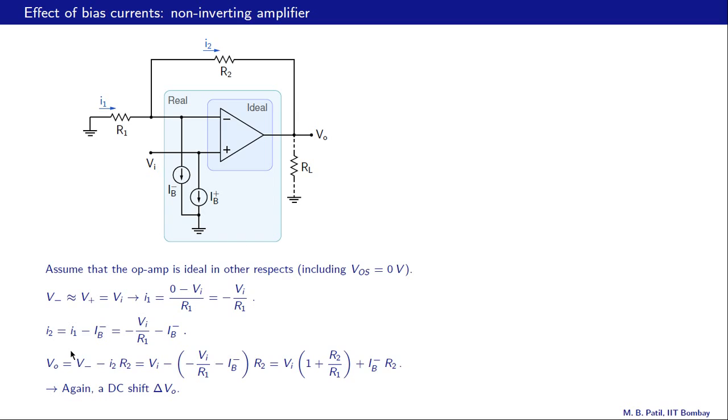Substitute for I2 from there, and we finally arrive at Vi times 1 plus R2 by R1 plus IB minus times R2. Now this part is the output voltage we expect from a non-inverting amplifier, and this is the effect of the bias currents. Now IB minus is a constant, R2 is a constant, so therefore this term is simply a constant or DC shift in the output voltage.